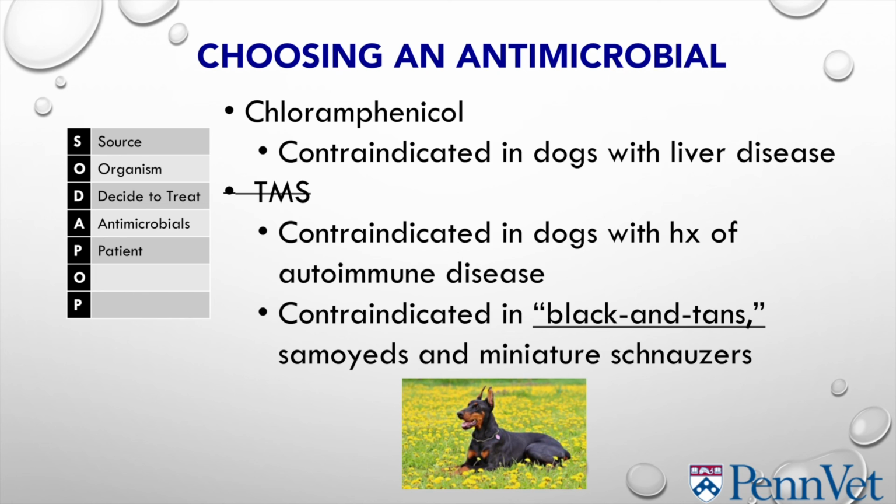However, TMS is contraindicated in dogs with histories of autoimmune disease, as well as dogs of the black and tan breeds, like Doberman Pinschers, but also Samoyeds and miniature Schnauzers. Since Itchy is a Doberman Pinscher, we are going to cross TMS off of our list.